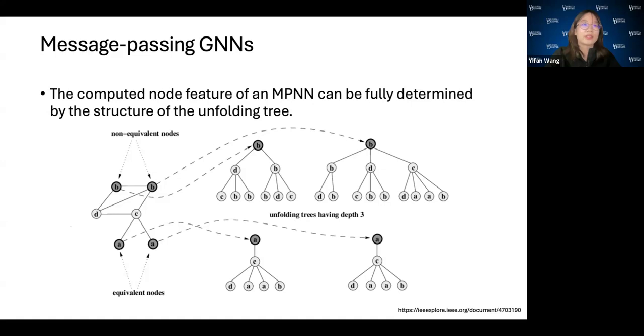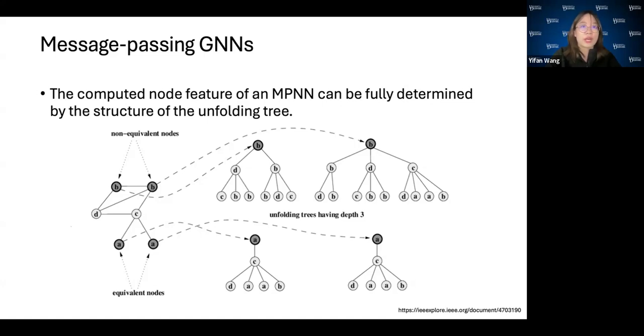We can say that the computed node representation of a message passing graph neural network can be fully determined by the structure of the unfolding tree. This figure shows an example of a graph where some nodes are considered equivariant and others non-equivariant.